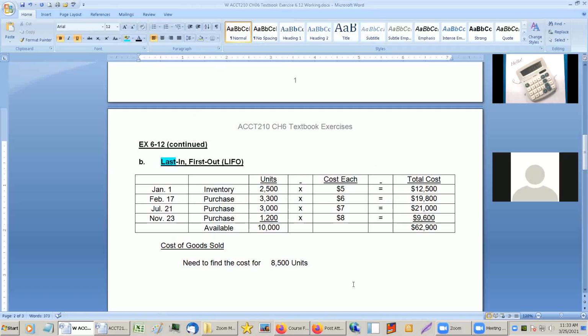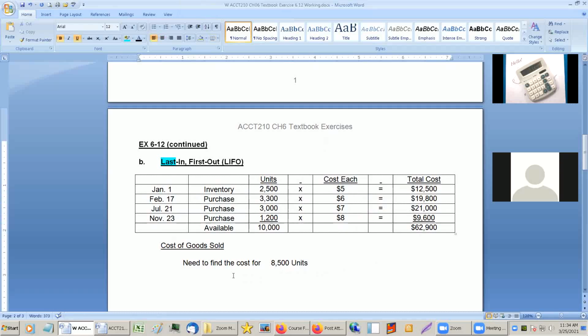The reason we're using the last ones in is because that's the most current price, and that's theoretically the most accurate price for determining the income. It's not the way that things usually are. For instance, if you made a sale in January, it would have been impossible for it to be these ones in November. But the November prices are the more accurate. These January prices are no longer as relevant.